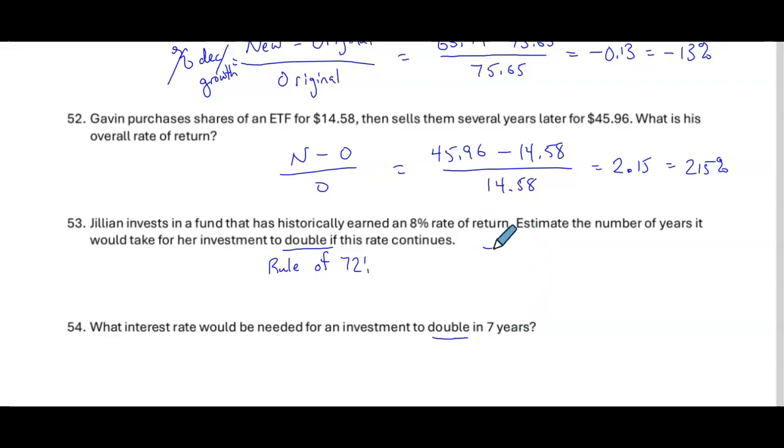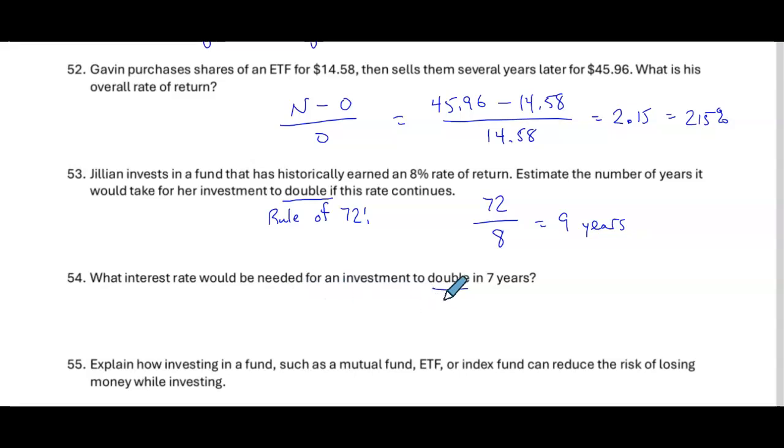All we do is divide 72 by the percent to get the years, or you divide 72 by the years to get the percent. So it goes either way. You're either dividing by the years or dividing by the percent, whatever it is you know, and it gives you the other thing that you're solving for.